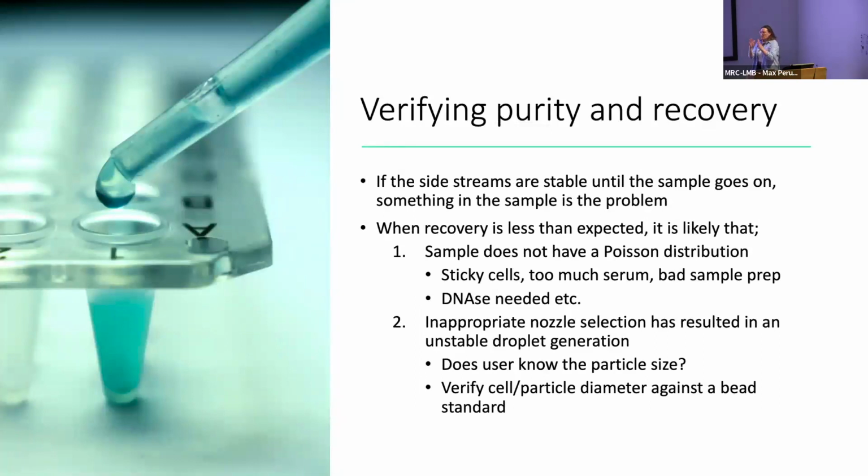But one thing that we will notice right away is if your sample is not properly prepared, or if it's too concentrated or too sticky, the minute you put it on, it will cause the side streams to fan and become unstable, because either your cells are too big for the nozzle type, or they're too concentrated, or they're simply too sticky. So basically it creates a non-Poisson distribution as the cells are going through the core stream.